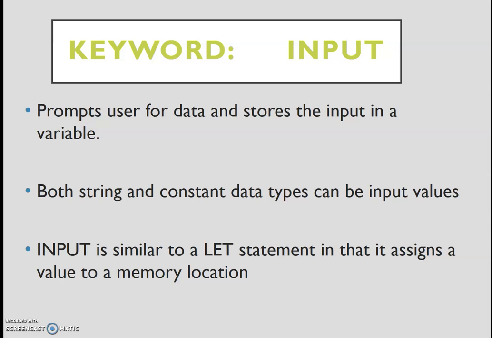This is the first time that the user themselves, the client, will be able to, through the keyboard, input information into the computer. This is the first chance that we have to perform this action of getting information from the user. It will prompt the user for information, and it will store it into the variable that's in the input line. Both string and constant data types can be used with the keyword input.